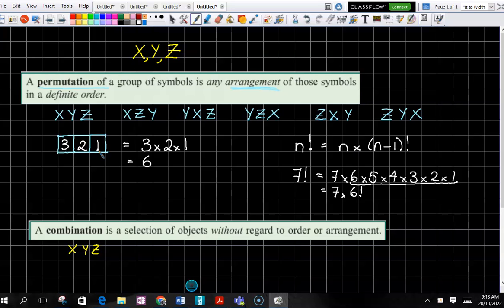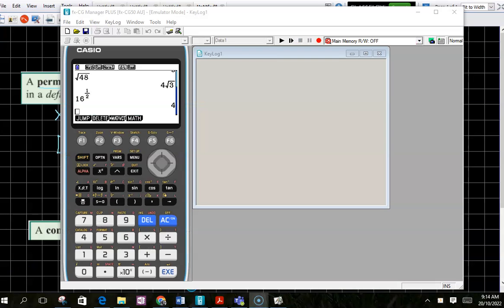We can find it on our calculator. Let's try that. Your factorial button: we go option, no, we want more. It might be in stat, who knows. But if we go more and go probability, here's your exclamation mark.